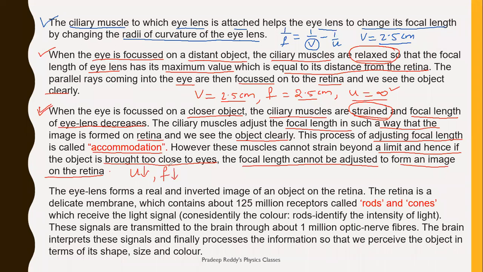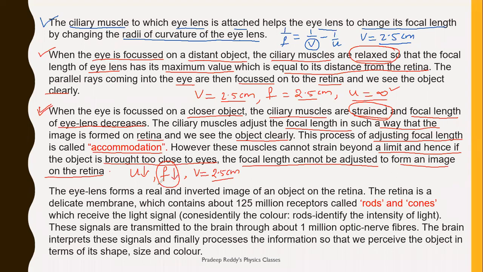Focal length decreases, but where is the image distance? Image distance is 2.5 centimeter. So in order to get the image at 2.5 centimeter, the focal length should be adjusted by our ciliary muscle.